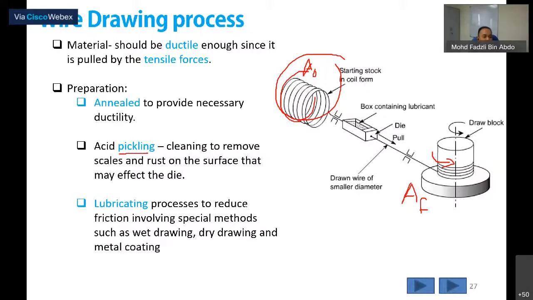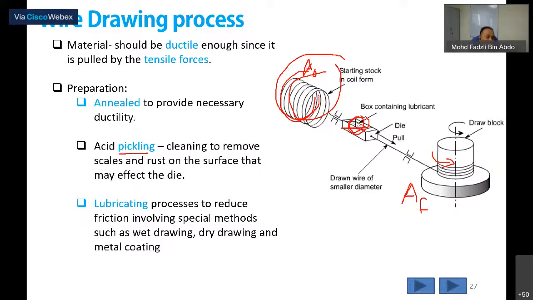And then lubricating process to reduce friction involves special methods such as wet drawing, dry drawing ataupun metal coating. Wet drawing maksudnya menggunakan lubricant ni tadi. Dry drawing tu kita tak ada lubricant, tapi kita coatkan dia, dan coating tu pun dengan solid lubricant sebenarnya.